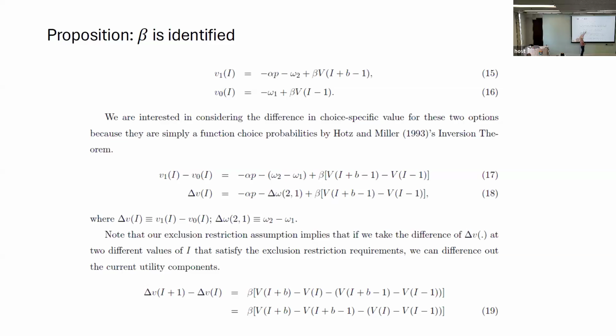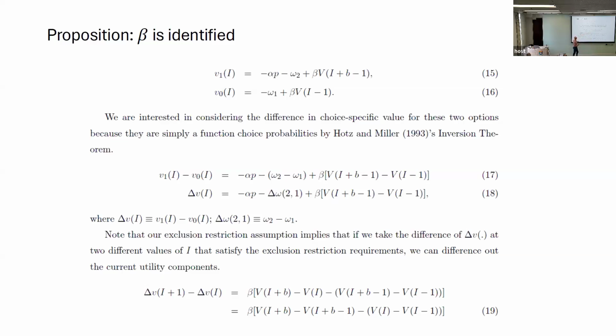So we just take the difference of equations 15 and 16, and that will lead to this equation. Now, this is where we can apply exclusion restrictions to help us get rid of this flow utility.